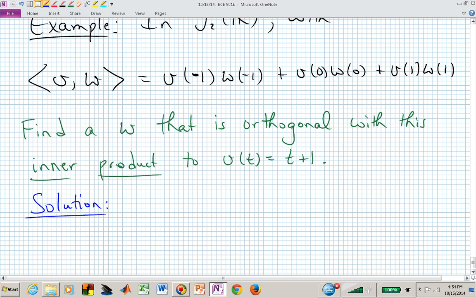What would you think or guess? Yes. Do you have more than one W? Yes, so now you want these two vectors, V of t and W of t, such that these pairwise products at these 3 points sum to 0.